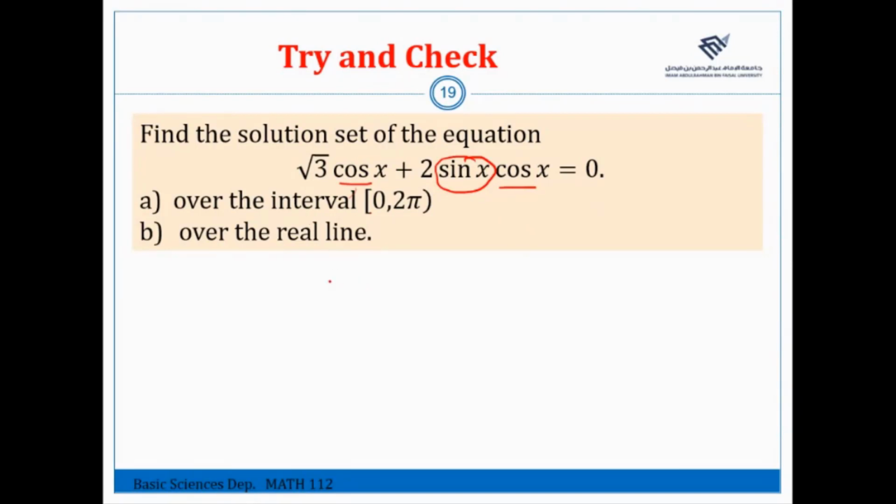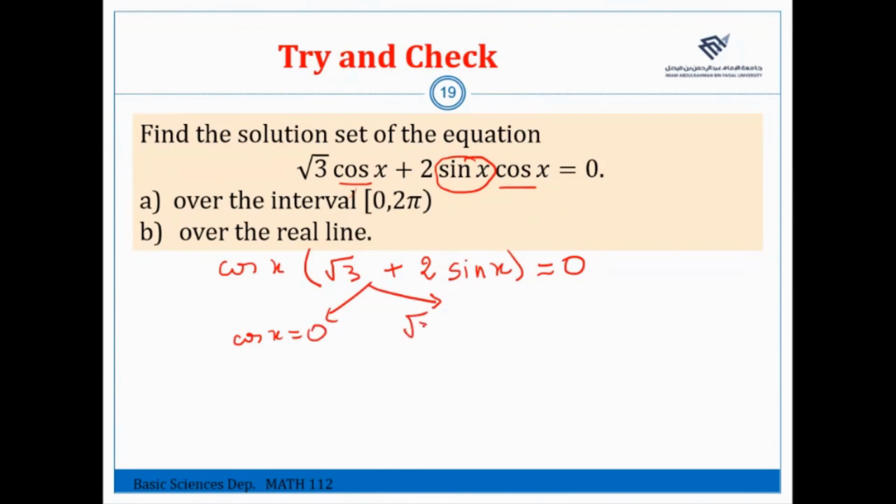Cosine x is the common factor. Open brackets: square root of 3 plus 2 sine x equals 0. So it's a product, so each factor must equal 0. Either cosine is 0 or square root 3 plus 2 sine x equals 0.